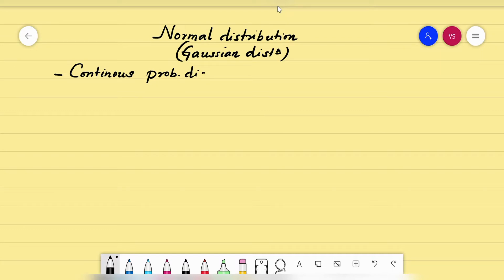What do you mean by this continuous probability distribution? So now again we need to go back to our basics. There are two types of variables we come across: discrete variables and continuous variables. What are these discrete variables?